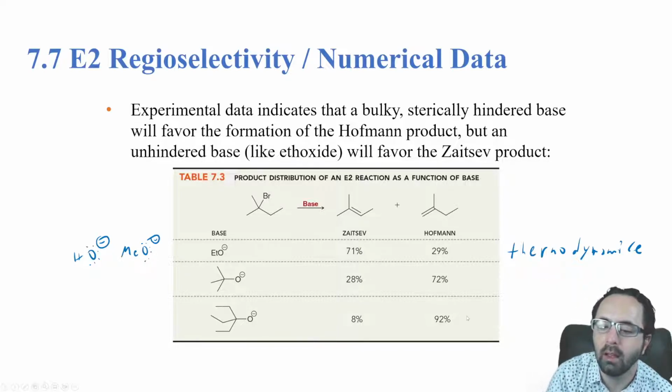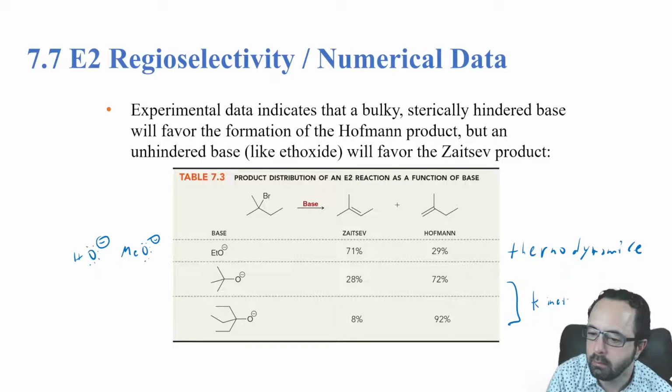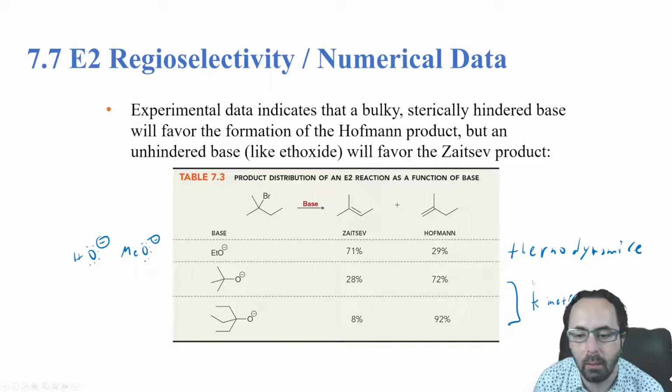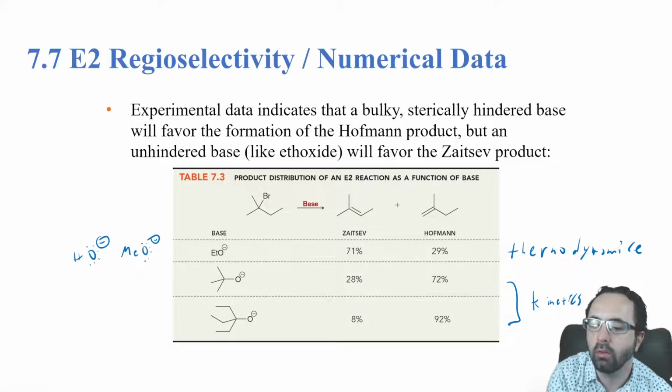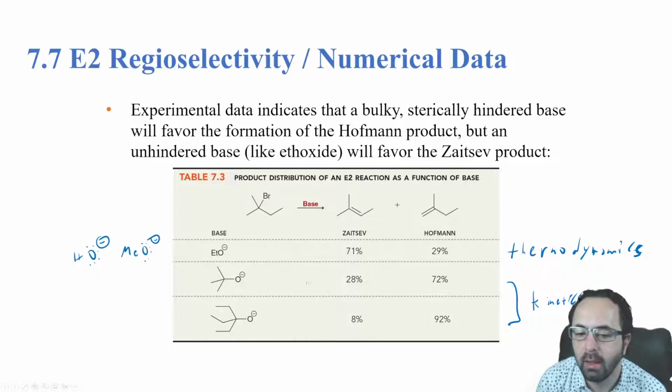And so these end up being determined by kinetics rather than thermodynamics. It's just faster for you to get to the product. Whereas for the thermodynamically favorable product, you'll get that if it's easy enough for the base to get in there and grab the right proton.